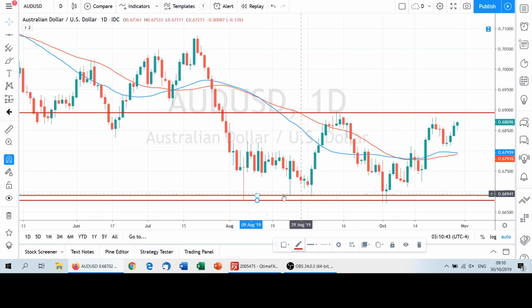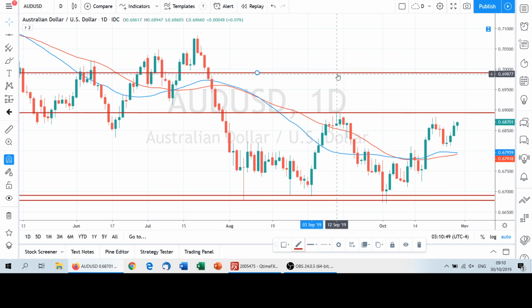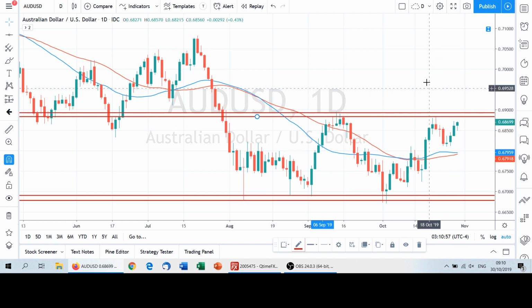And up around 69 we also have 1, 2, 3, 4, 5, 6 daily highs, let's say between 90 and 95. So in my own opinion, the support and resistance on the daily chart are extremely obvious.